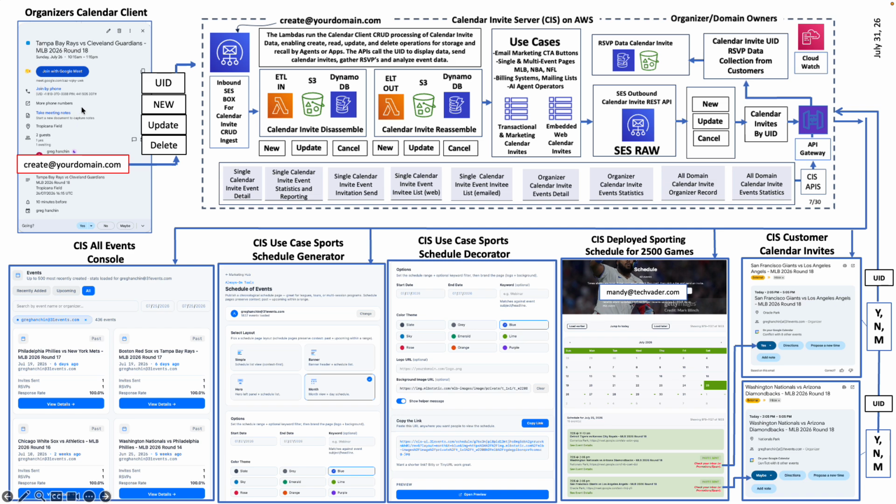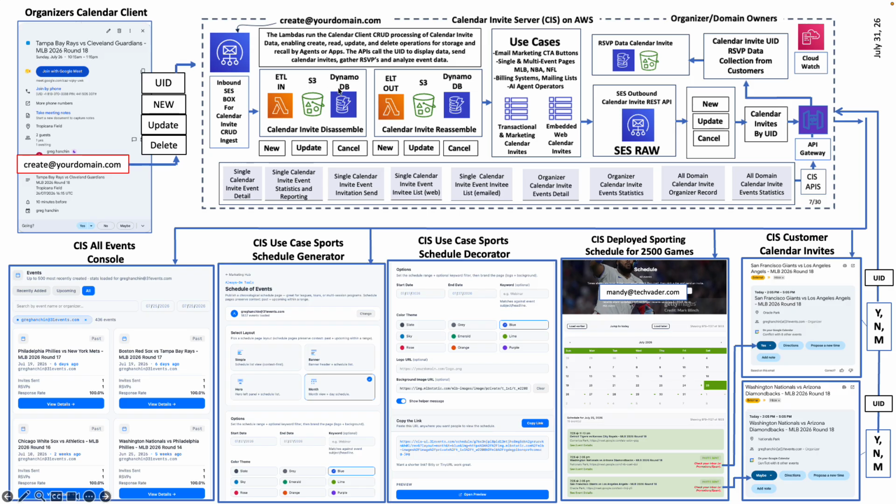So that means Greg Hanshin at 31events.com, in this case, anytime he sends data from his organizer calendar client, it is received by the SES inbound box. It's stored in S3, disassembled here with the ETL in Lambdas.